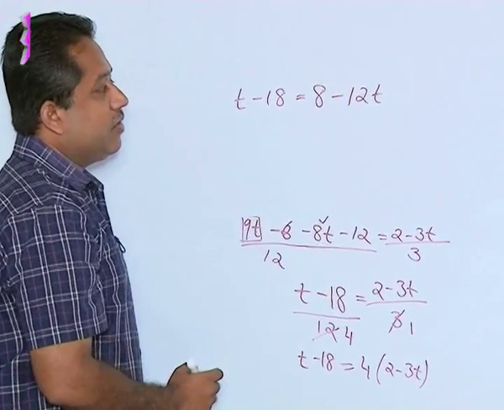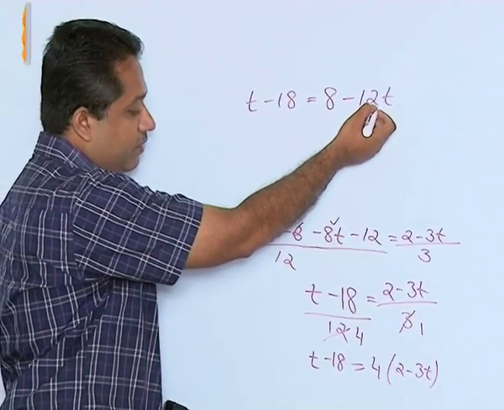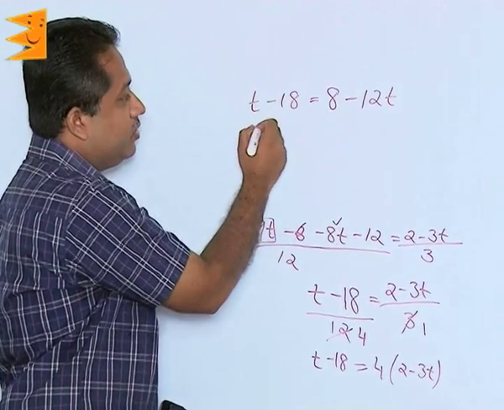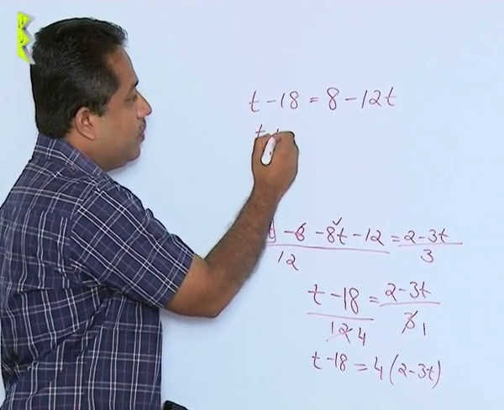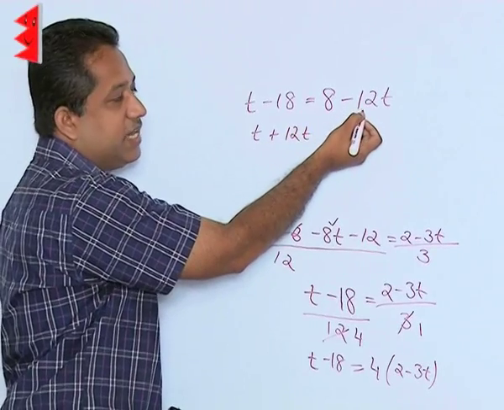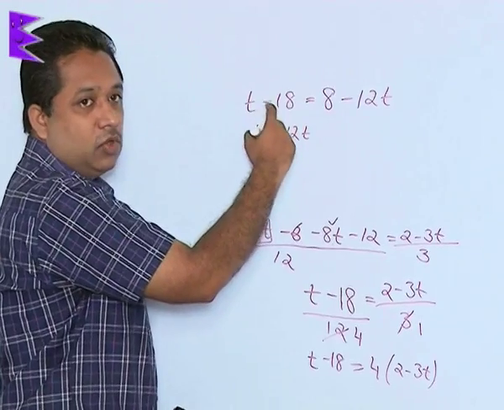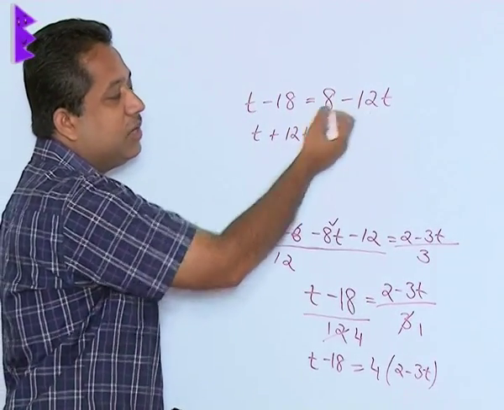Now, bring the like terms together. So, this 12t is going to be transferred here. So, you are going to get t plus 12t. Why did it become plus 12t? Because this is negative, and when we change the side from RHS to LHS or LHS to RHS, the symbol changes.